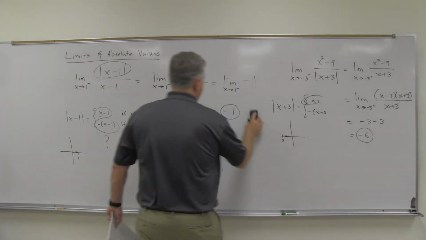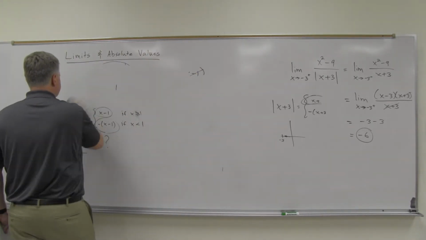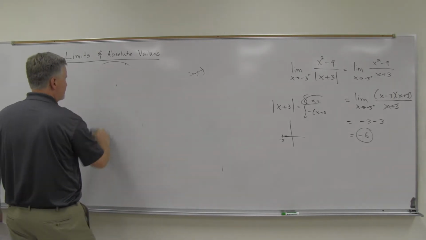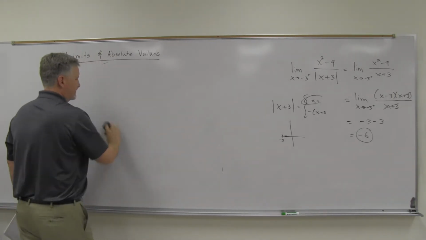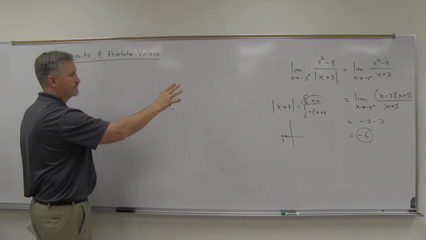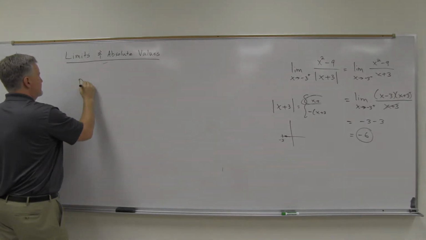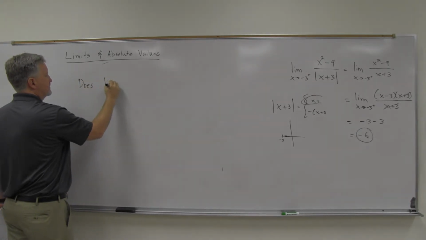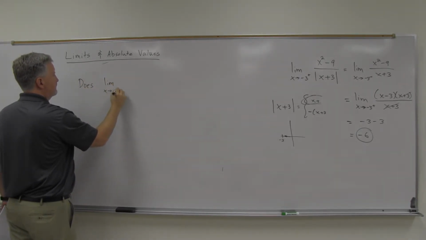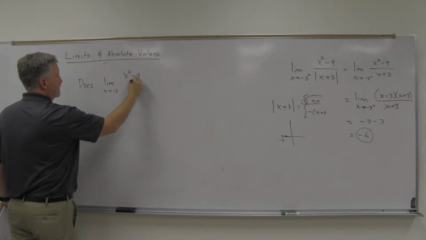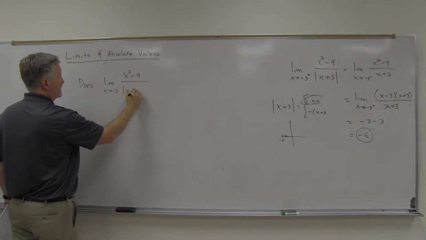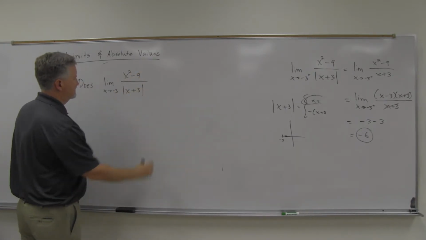So that gives you a way of doing this. Now, another way they may phrase a question here, for the same function: does the limit as x approaches -3 of x squared minus 9 over the absolute value of x plus 3 exist?